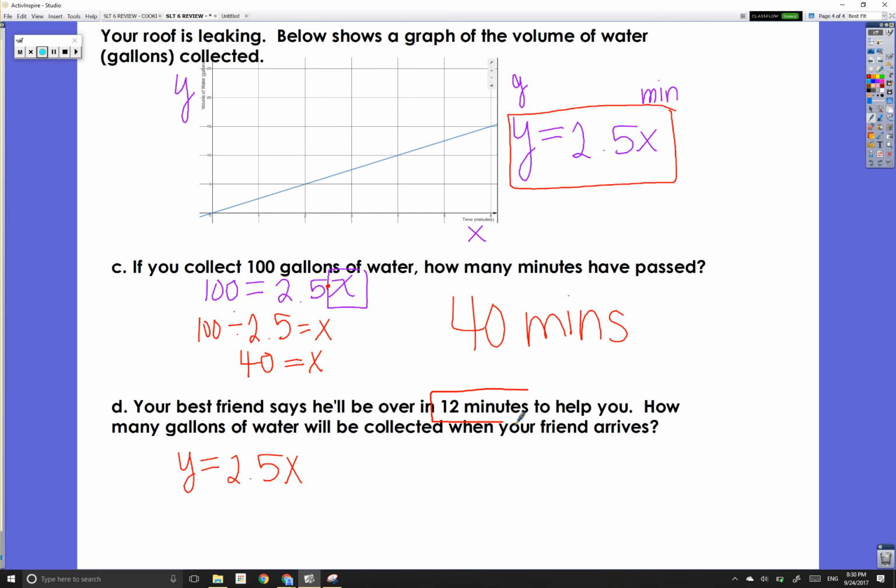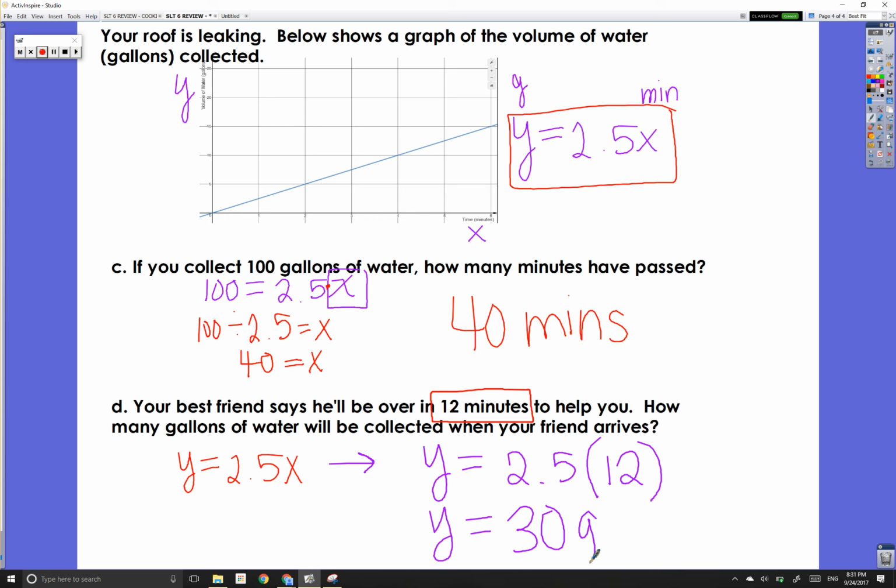So if it says 12 minutes, I want to place the minutes in my x variable. So y is equal to 2.5 times 12. And then we end up with y is equal to 30. And remember, y is gallons, and so we'll write 30 gallons. If I asked for a numerical answer, then the numerical value is 30.